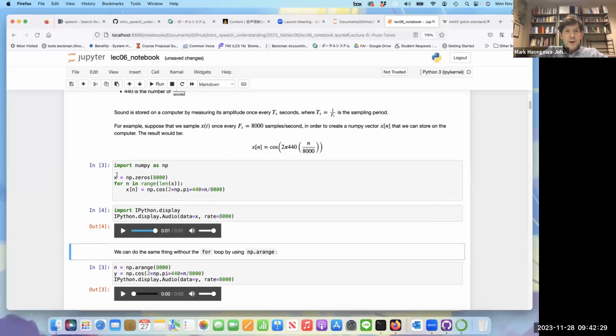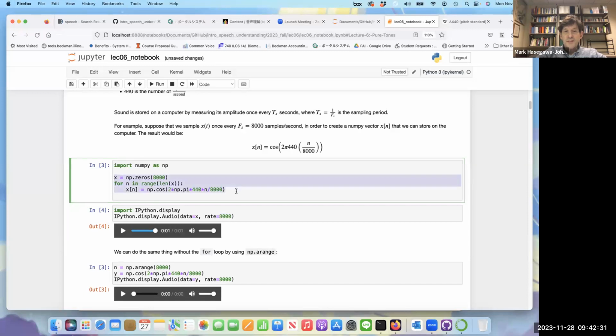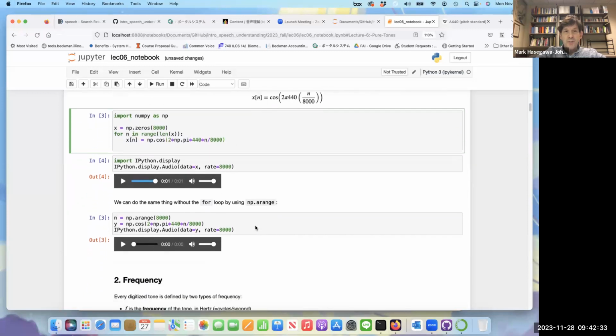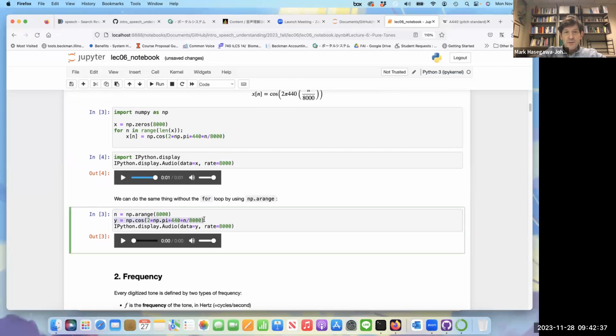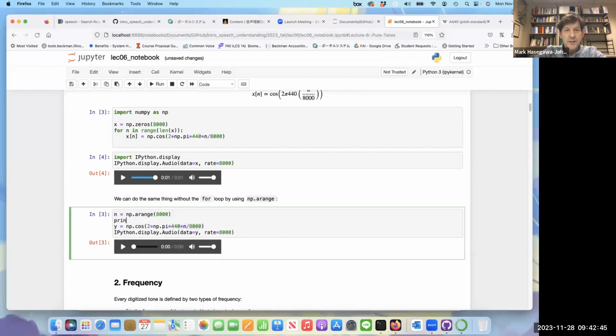Yes. Here I used a for loop, but because in NumPy we can multiply arrays together, I could just create y is equal to the cosine of 2 times pi times 440 times n if I make n be 8,000 samples long. So let me just print here.